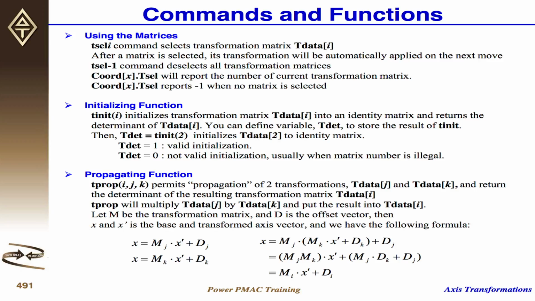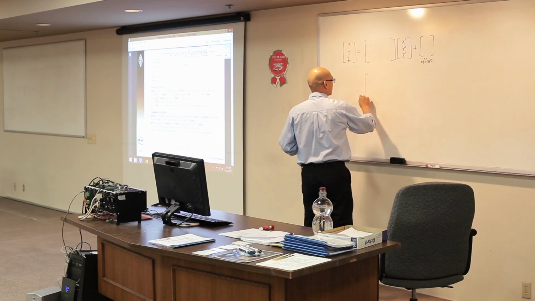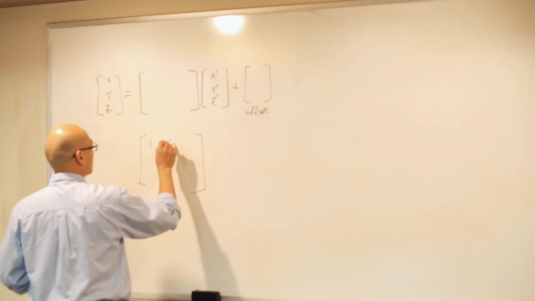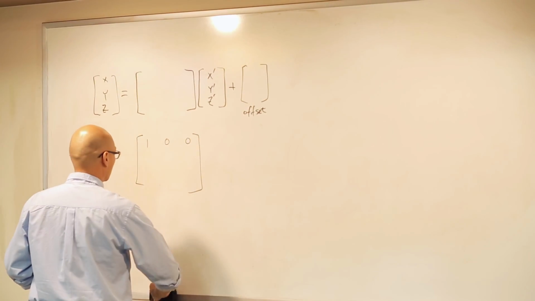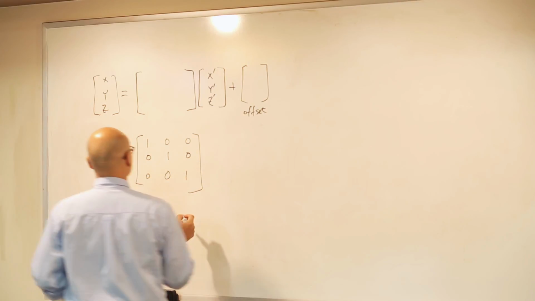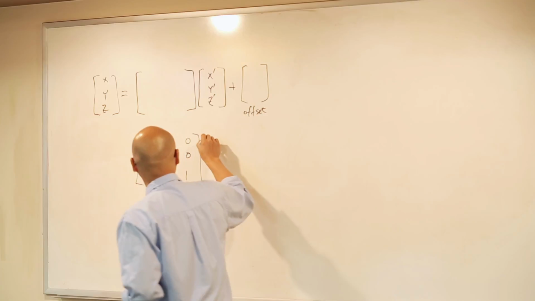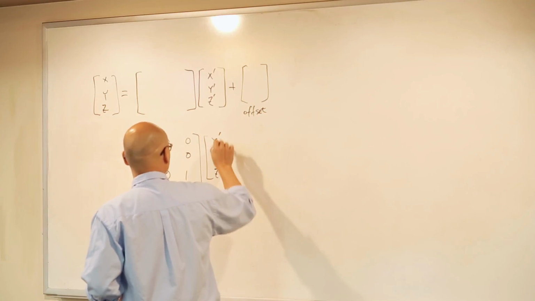Initialization here. Tint I. This one will actually normalize the matrix. Make it a unity matrix. What do I mean by that? This is a unity matrix: 1, 0, 0, 0, 1. This is a unity matrix because whatever you put in here will come out on the other side.